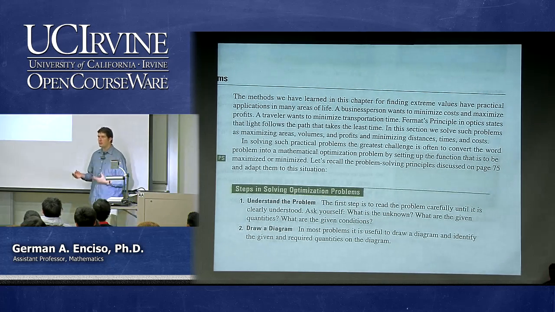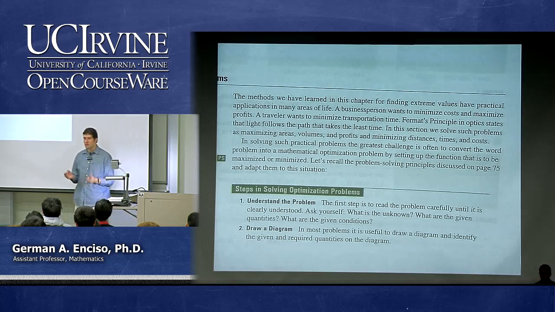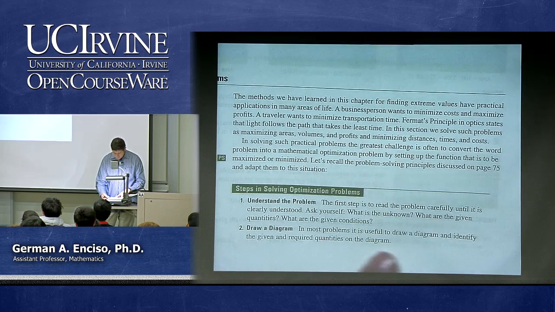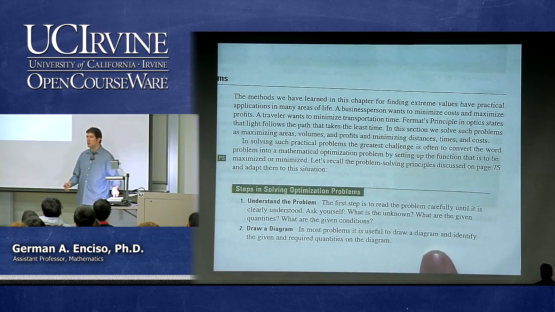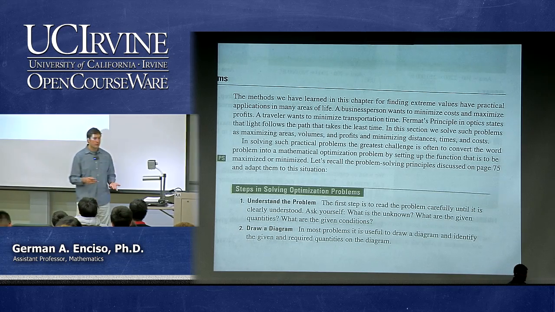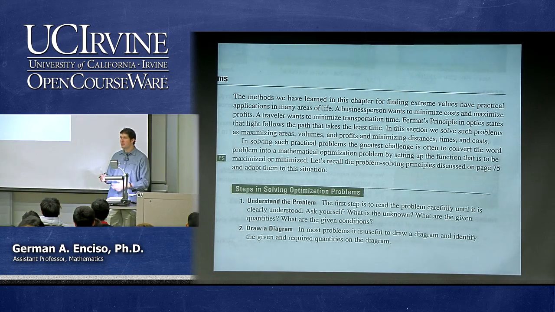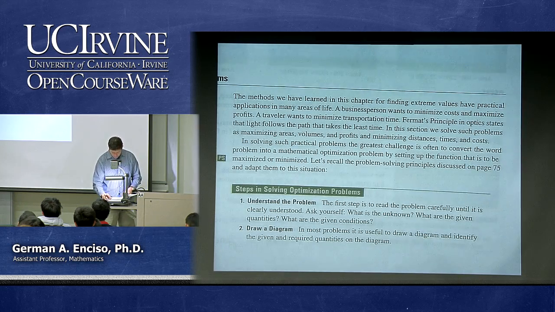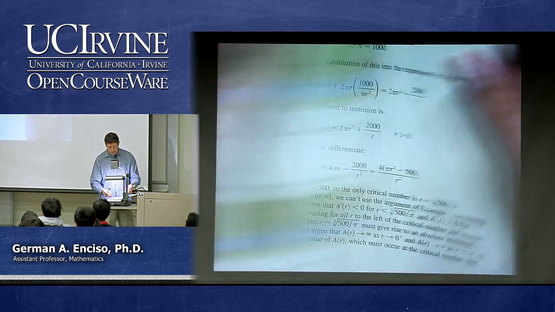Because you look at the problem, you find out, okay, so how exactly does this look like? What am I supposed to optimize? Then draw a diagram. In most problems, you're supposed to draw a diagram, unless it's a completely algebraic problem, in which case you don't need to. But if it's anything other than an obviously algebraic problem, you really are encouraged to draw a diagram.